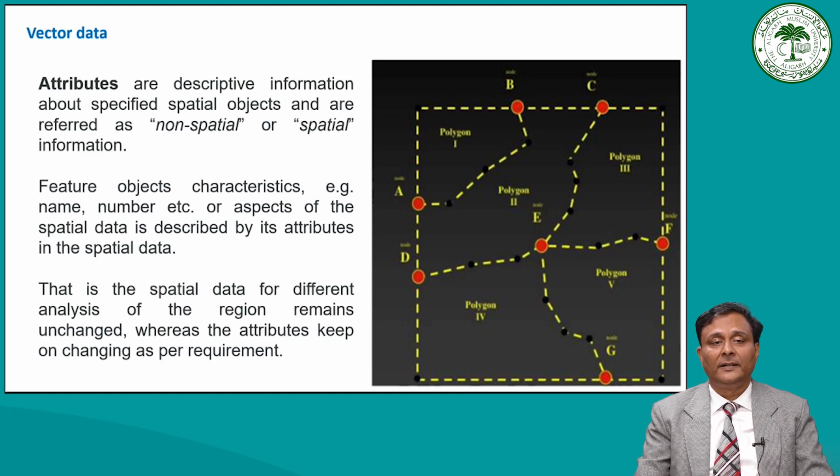The spatial data used for different analyses of the region remains unchanged, whereas the attributes keep on changing as per the requirement. So this is the basic feature of attribute information which is associated with any spatial data. In this case, we are representing it in the case of vector data.